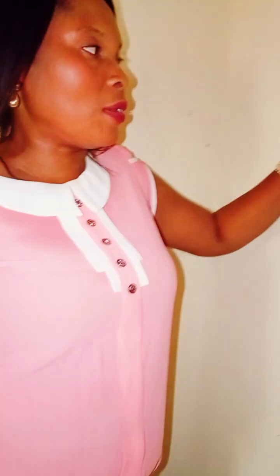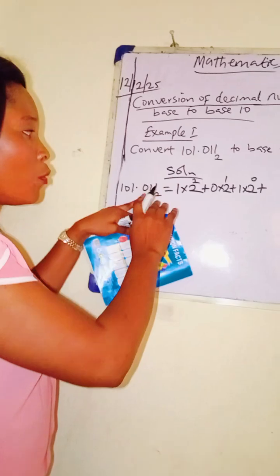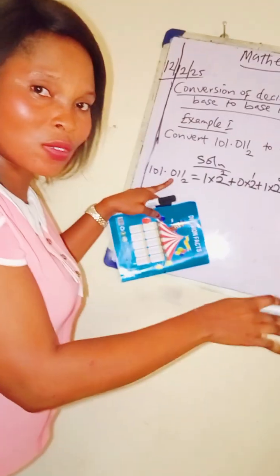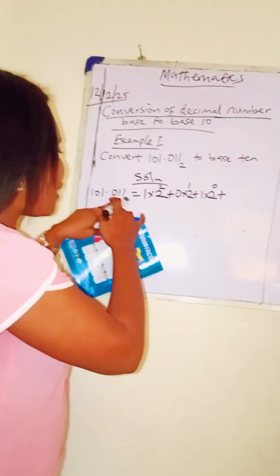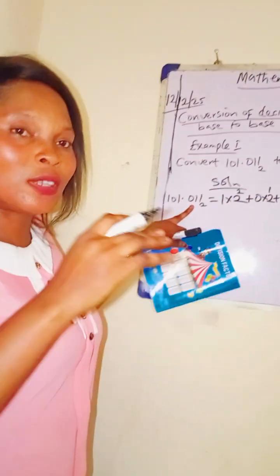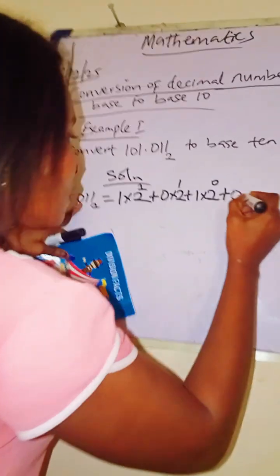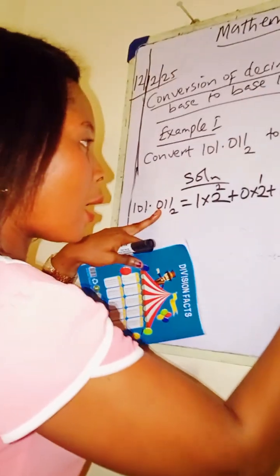Then plus, look at this now, there's a decimal point here. For us to get this, we are going to do the same thing, but the only difference is that our power is going to go in ascending order. Just like the ones on our left hand side, where our power is moving in descending order till we get to 0, the values on our right hand side are going to move in ascending order, but with a negative sign. So we have 0 times your power.